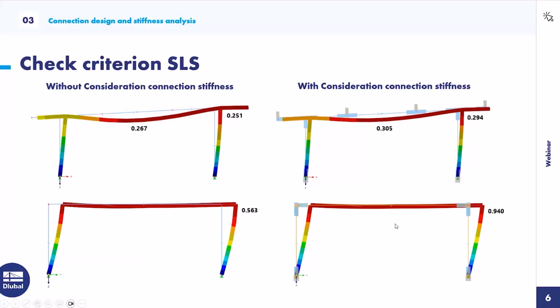That means you need to consider the connection stiffness of your model. You can have higher design ratios for the serviceability limit state design, as we have in our case.